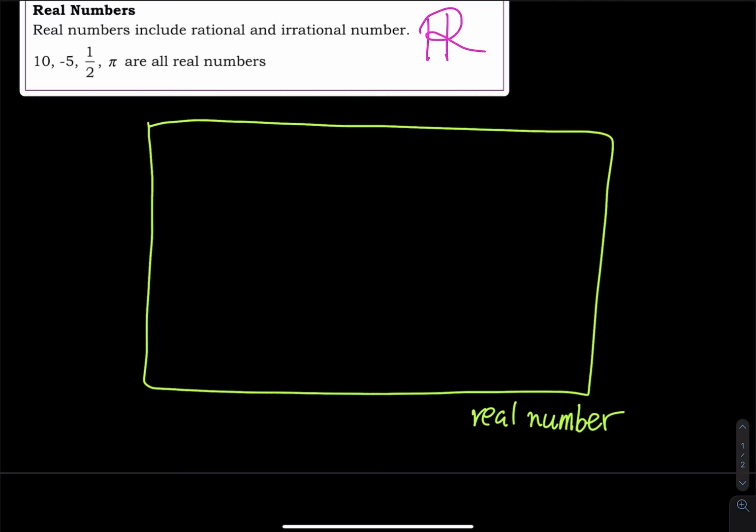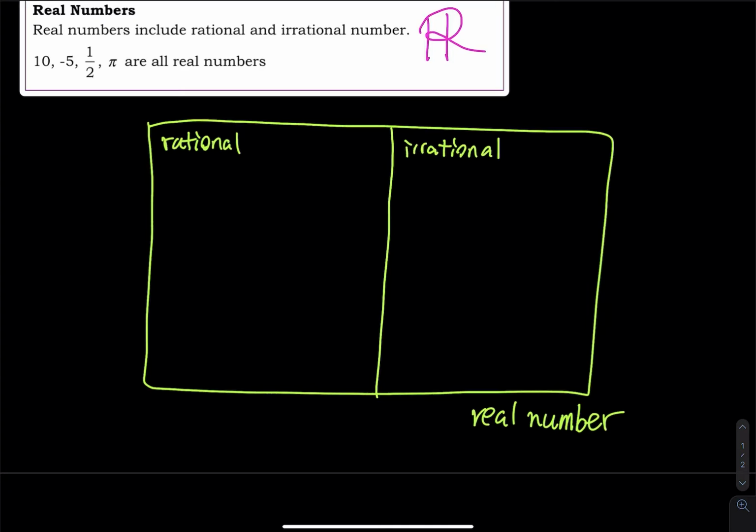And then real numbers can be divided into rational or irrational. Let's cut that into two pieces, rational and irrational. And then irrational stands by itself. In statistics, you will see irrational numbers.